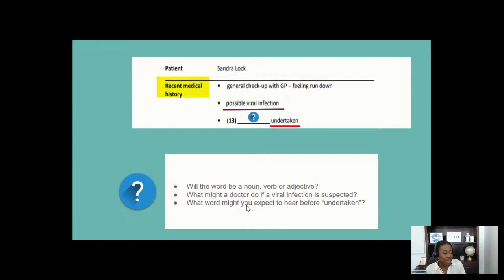What word might you expect to hear before undertaken? So something is undertaken. What could it be? Have a little think. I'm sure some of you might be able to guess, even in general terms, what this might be.